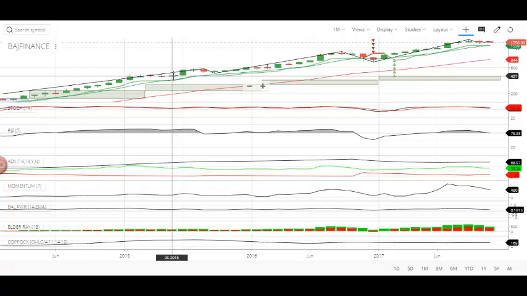Why? Because right now the stock is going down, and people who are interested in this stock can get it at a very low price. Once it starts moving in the upward direction, then you have to pay a premium for the same stock. So considering all these points, this stock can be considered for a long-term investment.